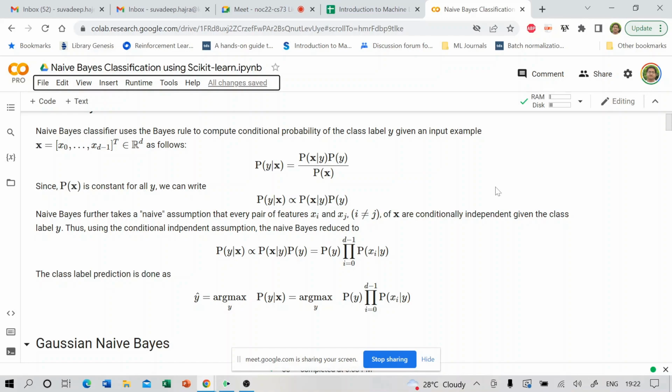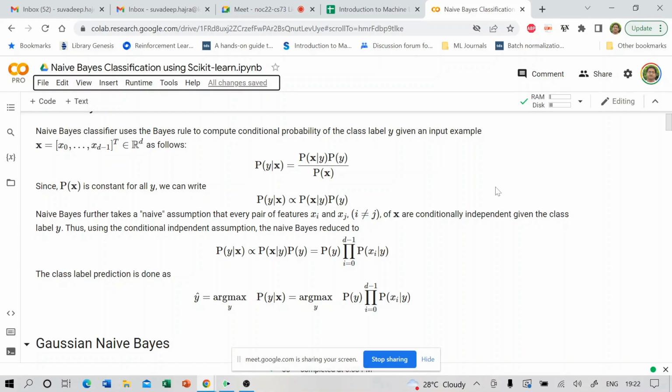So say there are C classes, 1, 2 up to C. Then probability of 1 means the fraction of the data that belongs to class 1. Probability of 2 means the fraction of the data that belongs to class 2. It's called the marginal probability.